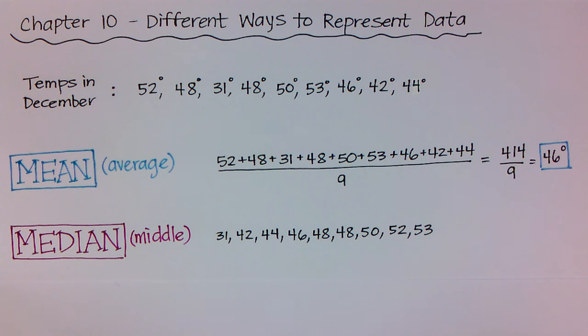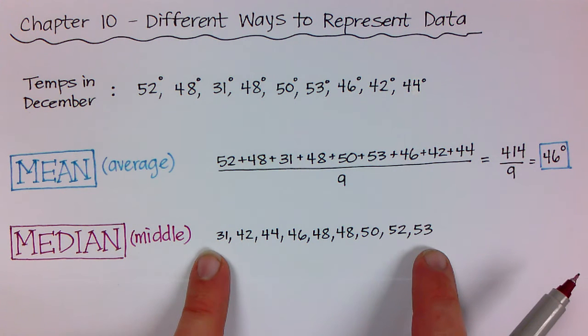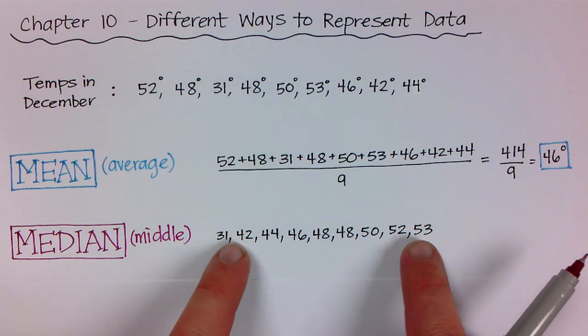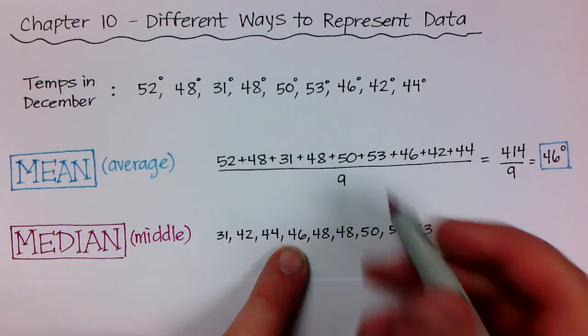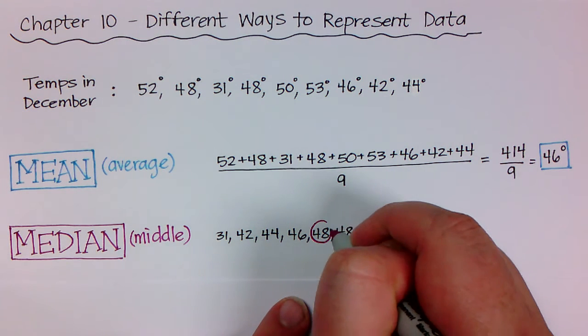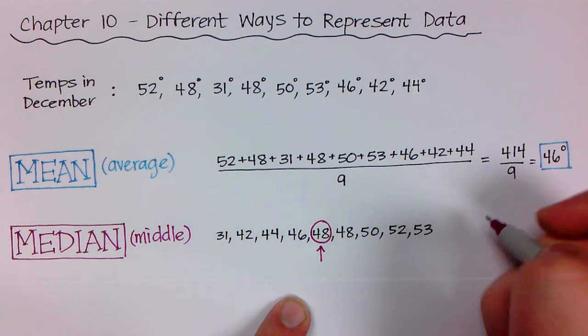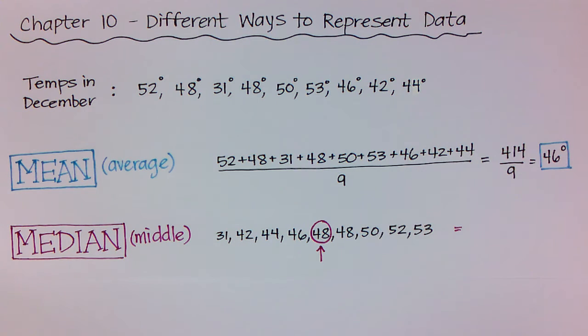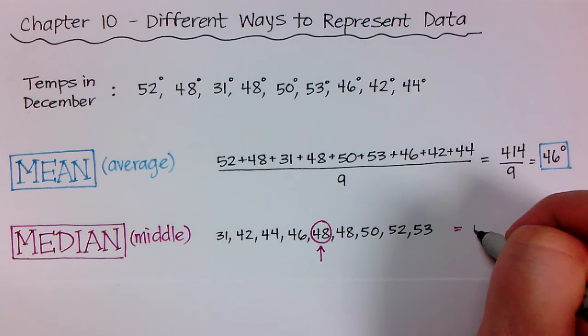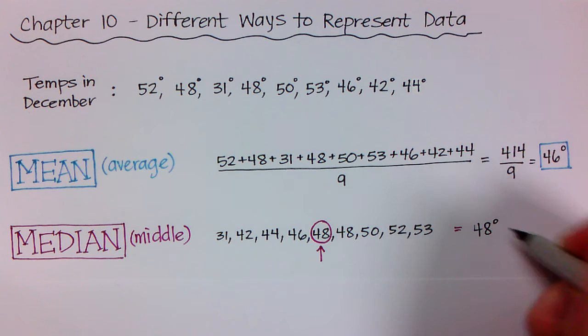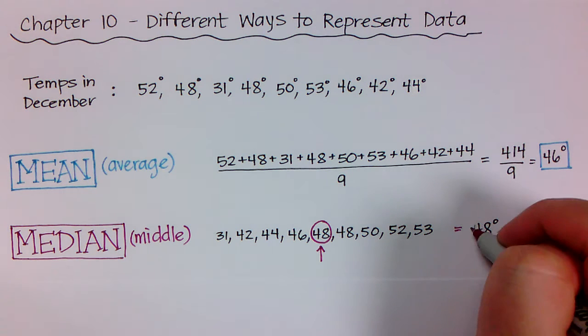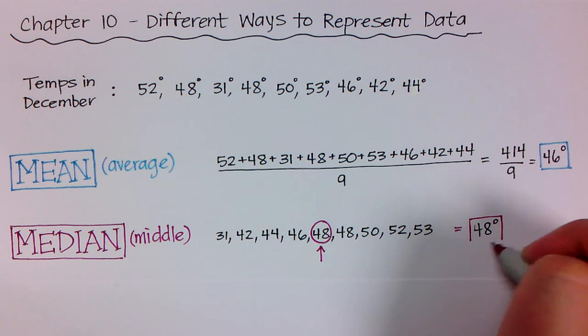So try to think about that. So we're kind of fortunate that we have an odd number of data. And so I'm just going to keep going all the way until I find that very middle number. So that means that the median is going to be the number 48. Pretty easy, as long as you have them all in number order.